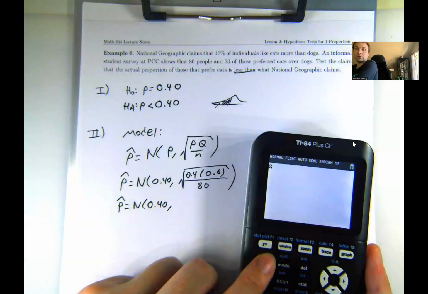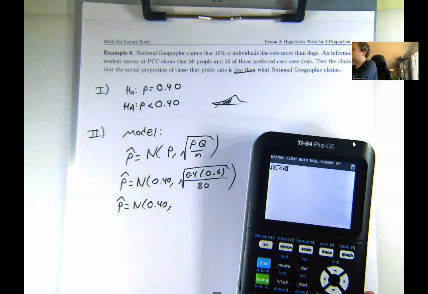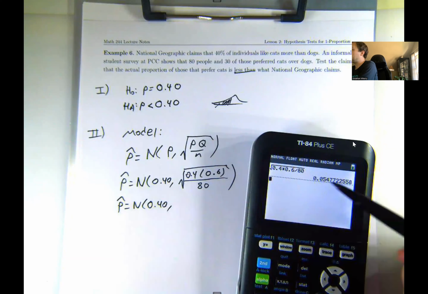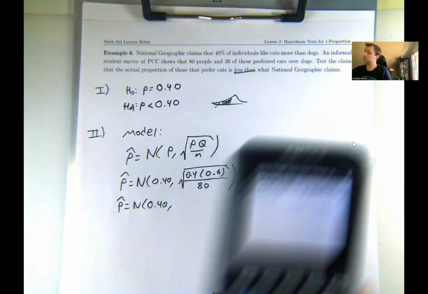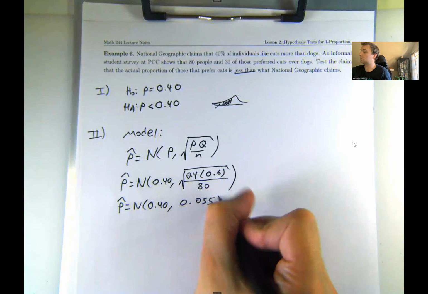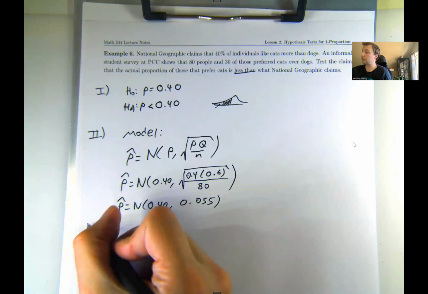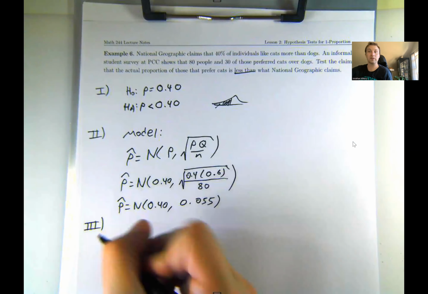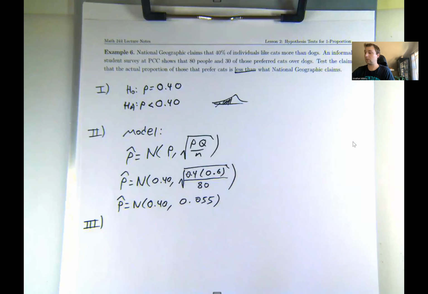We've got the square root of 0.4, 40%, times 0.6, 60%, over 80. And this gives me 0.055 if I round a little bit. I should check assumptions, but I just kind of want to go through these calculations with you instead.